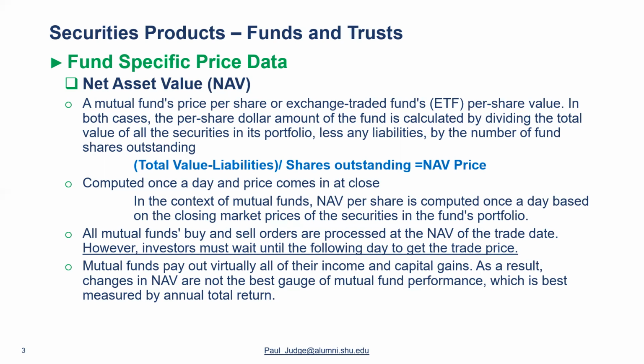So if the fund has $1 million worth of assets, taking the value of all the stocks and bonds and assets the fund has, minus any liabilities, and the fund has, I'll make this up, 100,000 shares, then the NAV price would be $10 a share. Assets minus liabilities over shares outstanding is the NAV price, which would be $10.